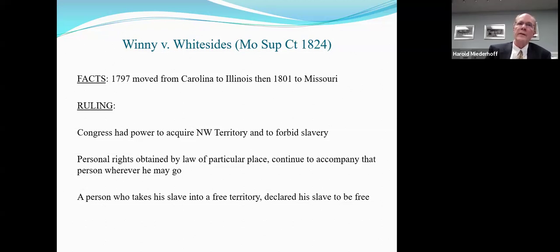And that freedom remains with the person. Slavery does not reattach. You can't revert back to a slave after you've been declared a free person. So the Missouri Supreme Court in 1824 said that once you're free in a free territory, you're free forever. Once free, always free is a phrase that was developed.